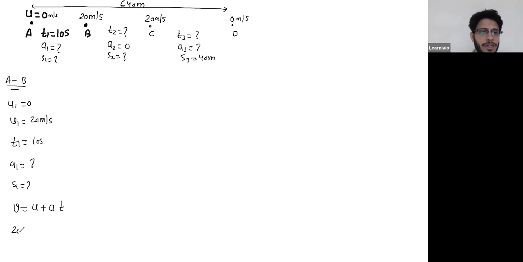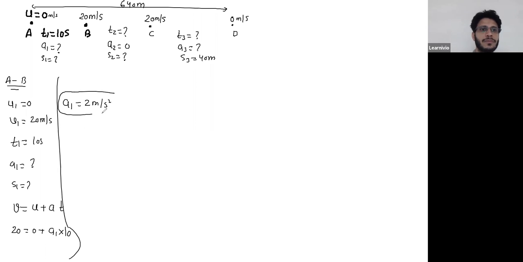So v is 20, u is 0, acceleration is unknown, and time is 10 seconds. So your a1 will be 20 by 10, that's 2 meter per second square.